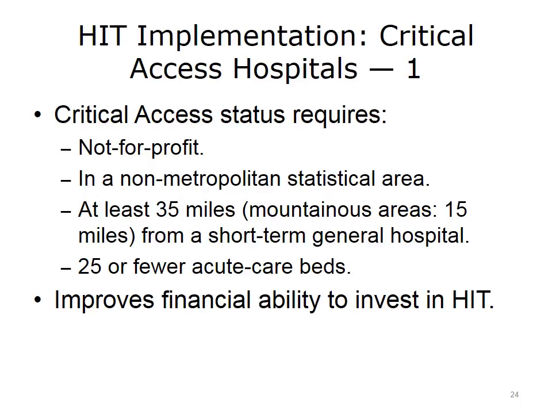For hospitals that qualify, critical access hospital status changes their Medicare payment methodology to one that is cost-based. This change has a very favorable impact on their financial returns, improving their ability to invest in and implement HIT.